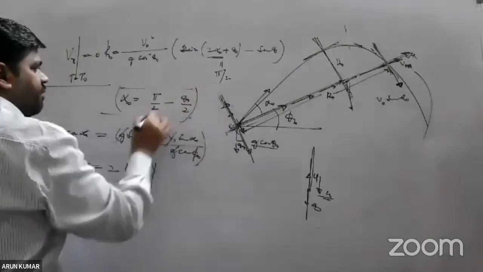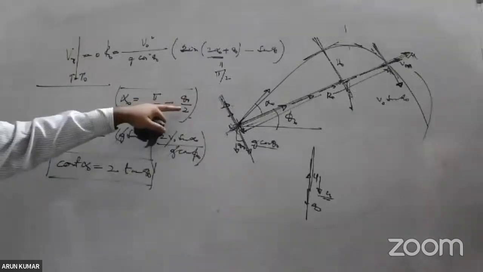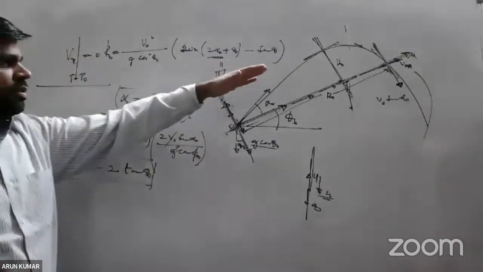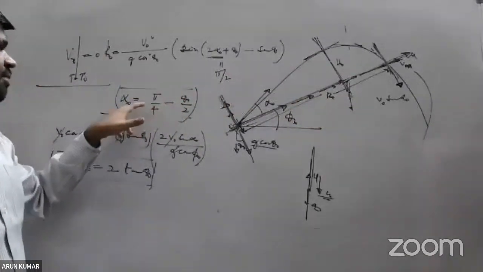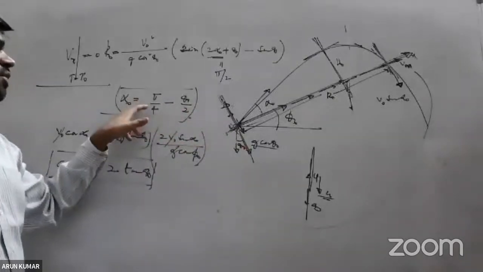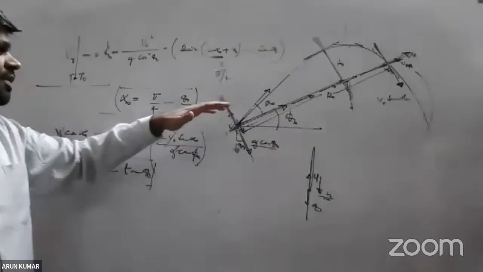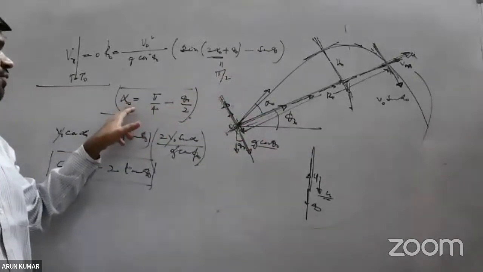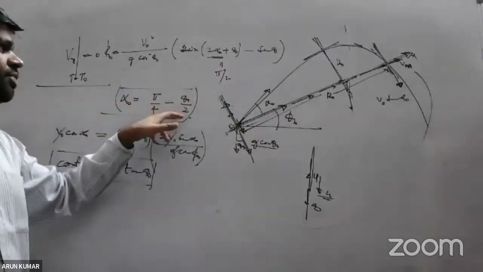So this is the alpha for which my range is maximum, given theta naught. If theta naught is 0, it becomes an oblique projectile on horizontal ground. So that becomes pi by 4. Makes sense because alpha is 45 for an oblique projectile on horizontal ground. But when theta is non-zero on an inclined plane, my alpha for maximum range is such that alpha is equal to pi by 4 minus theta naught by 2.